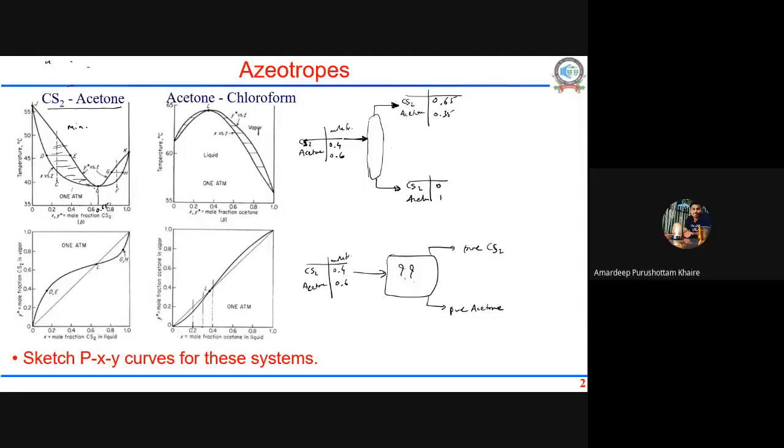We can decrease the pressure to remove the azeotropic point. Shubham, say that again. We can decrease the pressure to remove the azeotropic point.